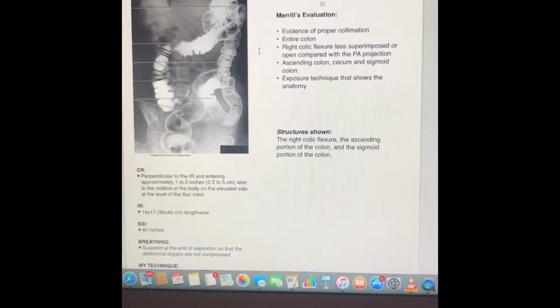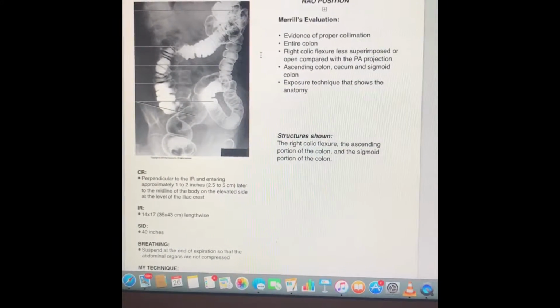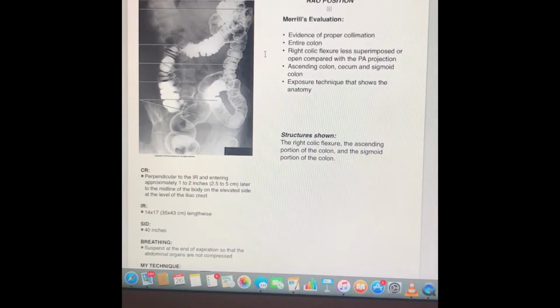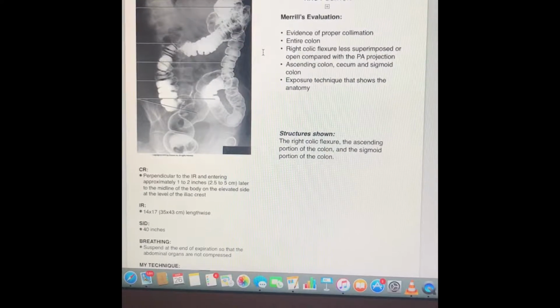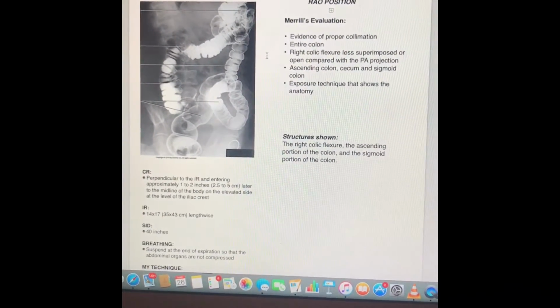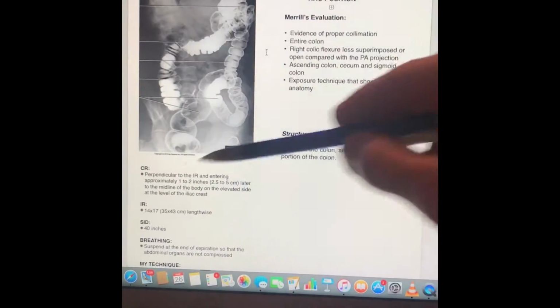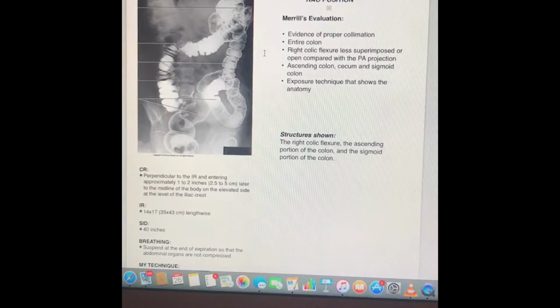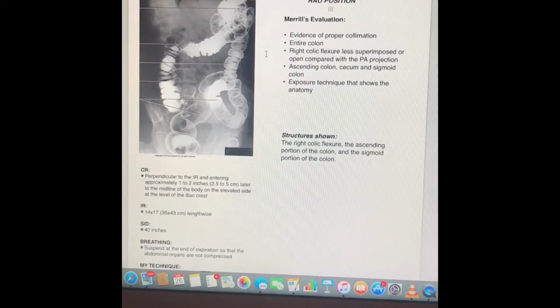My next projection was PA oblique projection, RAO position. Merrill's evaluation for this projection is we need evidence of proper collimation. We need to see the entire colon. Right colic flexure, less superimposed or open compared with the PA projection.